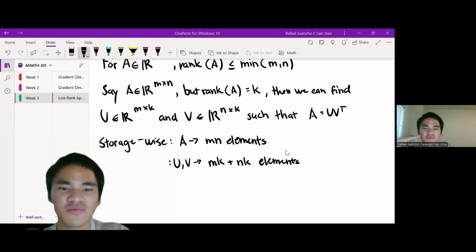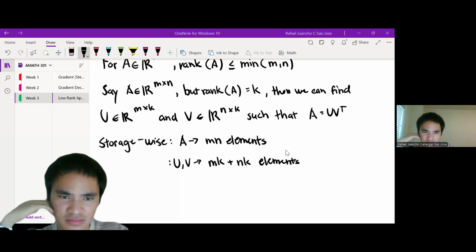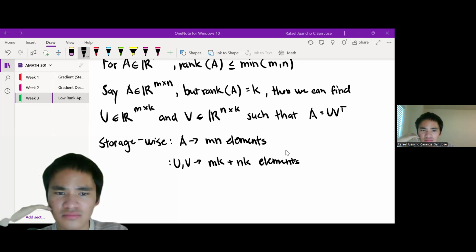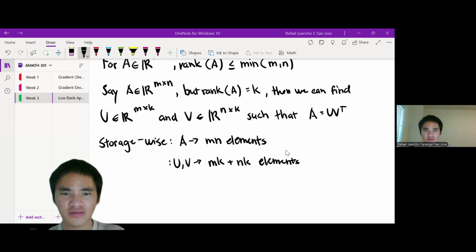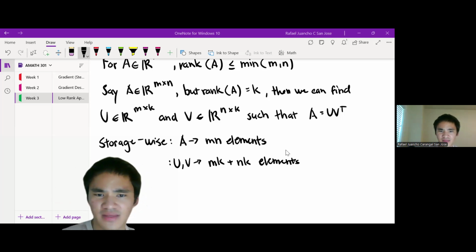And here, if K is small, then storing U and V makes more sense. We're saying it makes more sense to store U and V for A when K is very small.